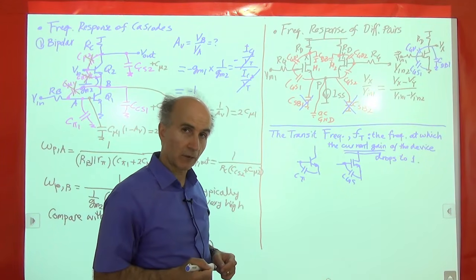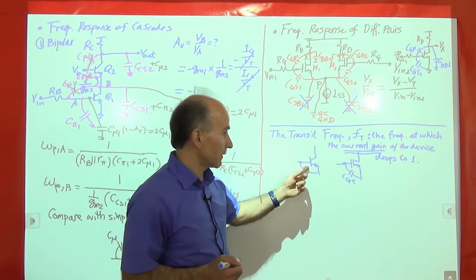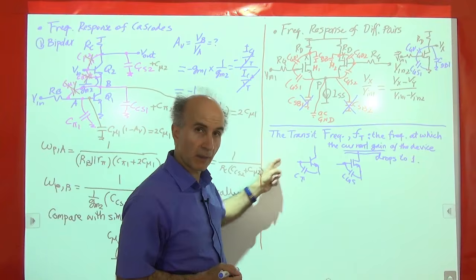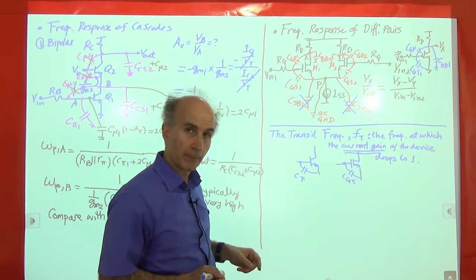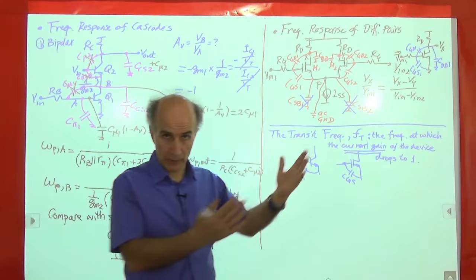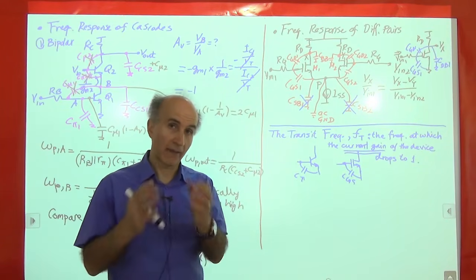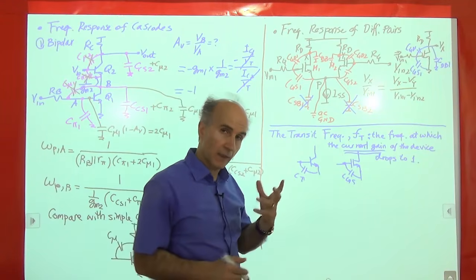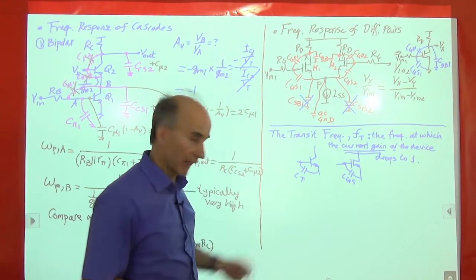And I keep monitoring the current gain of this device: the AC current over here divided by the AC current that we apply. And at some point, the device runs out of juice. So the current gain drops to 1. And that frequency is called the transit frequency.